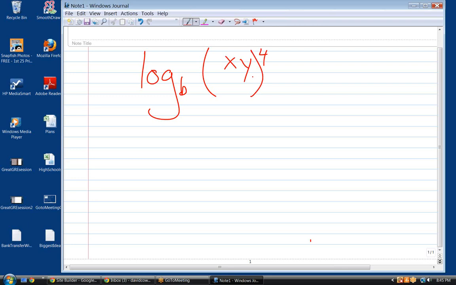Like that? And then the xy to the power of 4, all that is divided by 2. Like that? No, the outside, the whole thing. Yeah, there we go. Okay.